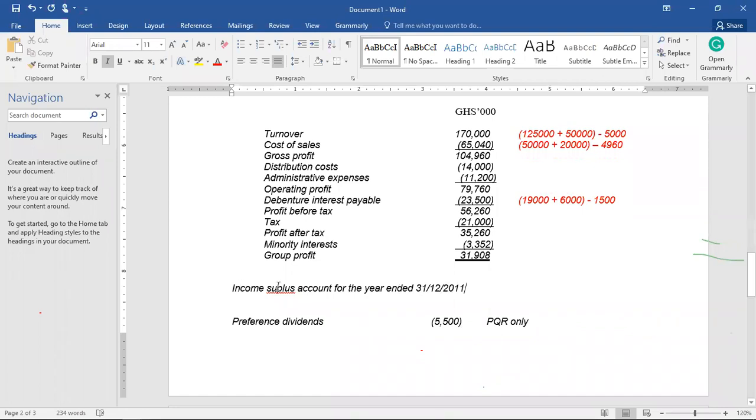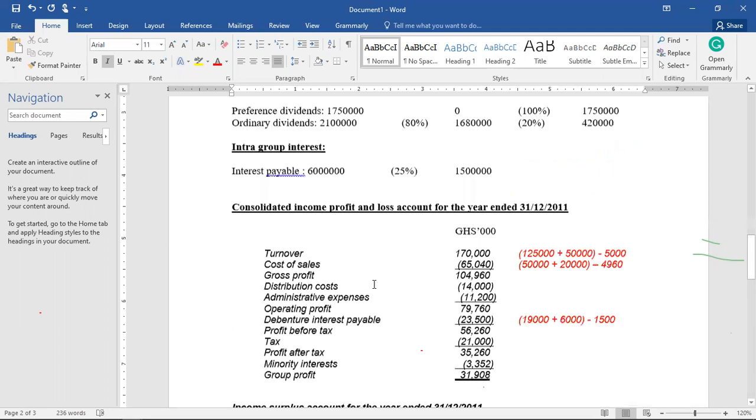I'm going to prepare my income surplus account for the year ended 31st December 2011. And I need my surplus brought forward. Surplus brought forward, when you go into the question, no, you have already solved for it.